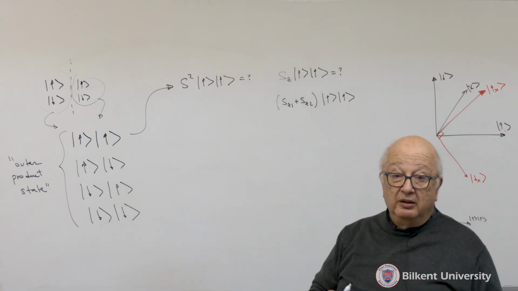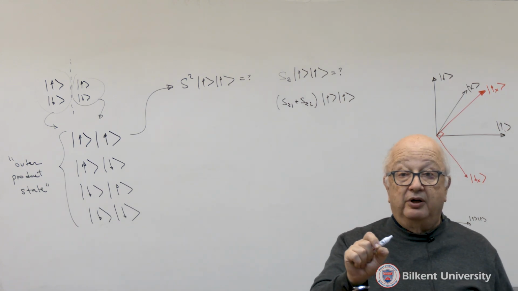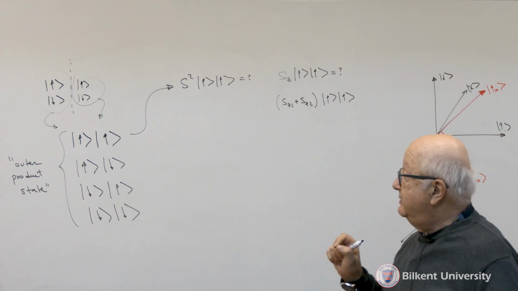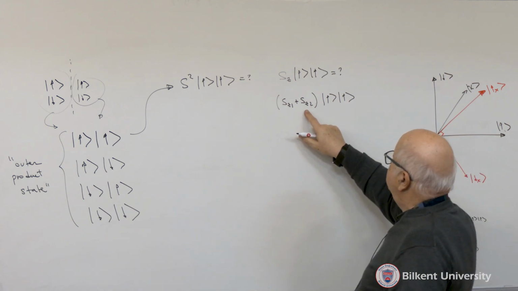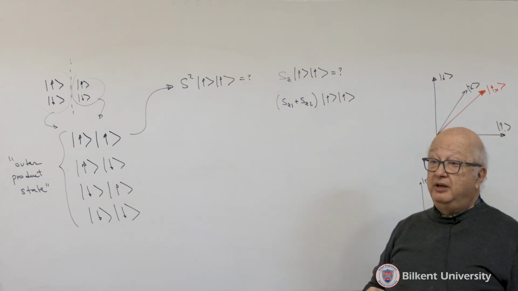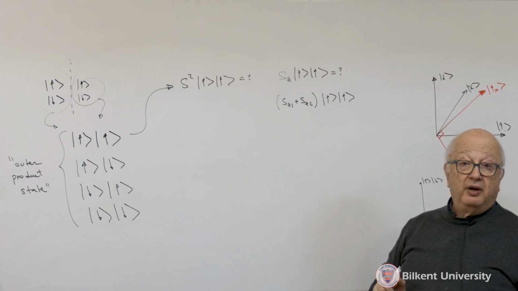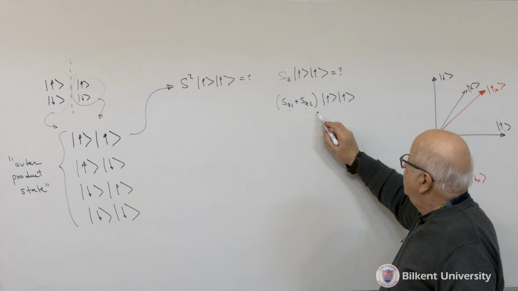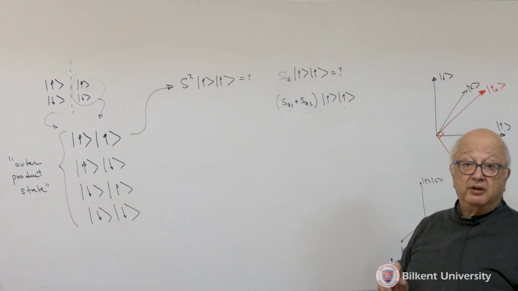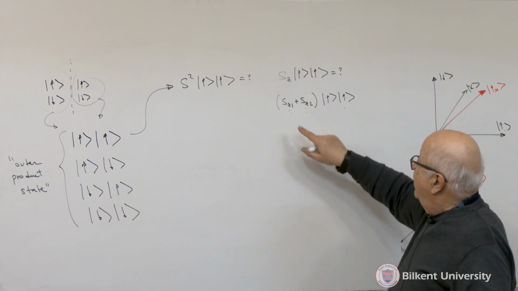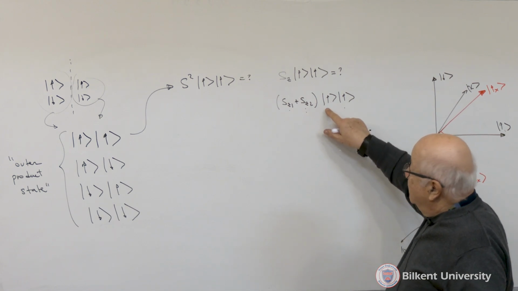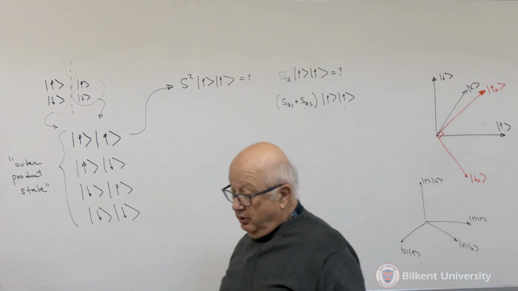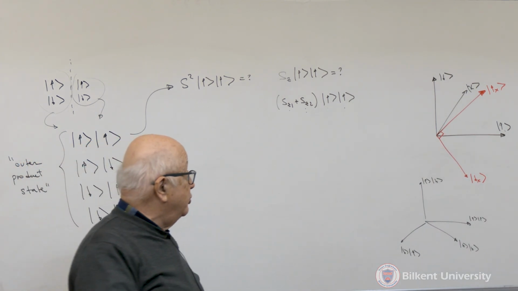So Sz1 is an operator that sees only the first particle, and Sz2 is an operator which sees only the second particle, okay? So this thing operates on that, and that thing operates on that. So Sz1 hitting on that gives me what? Okay, so I know how those things go.